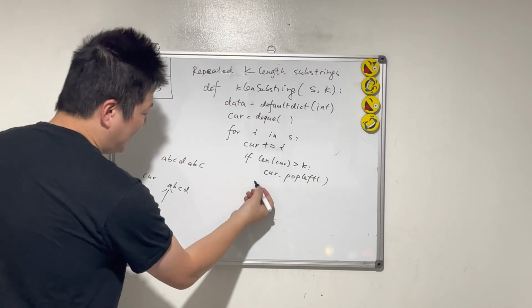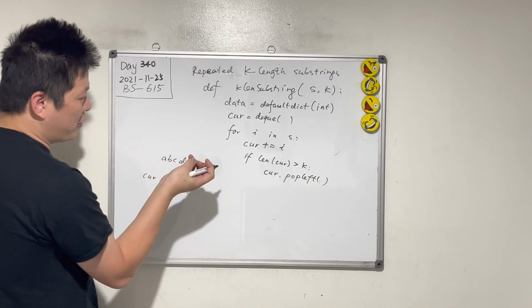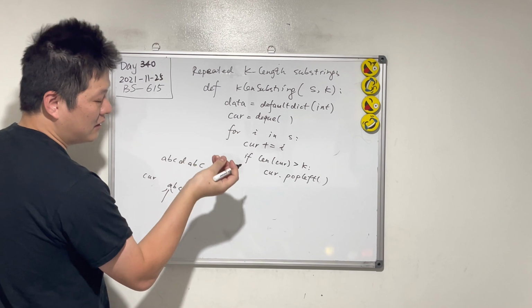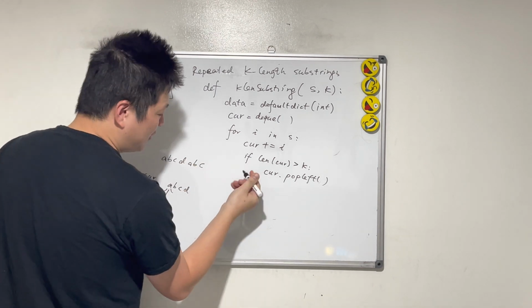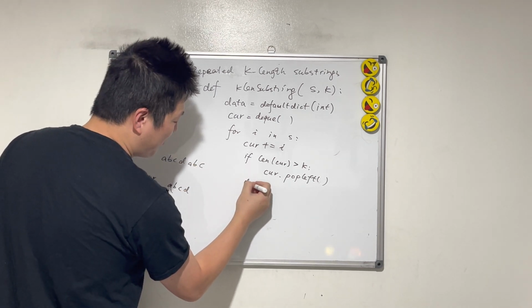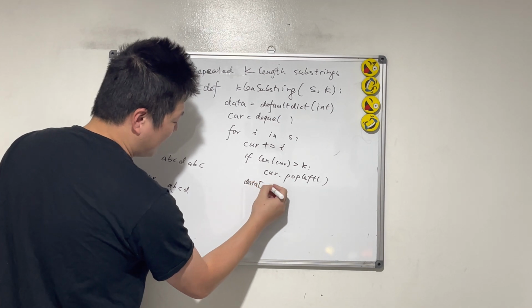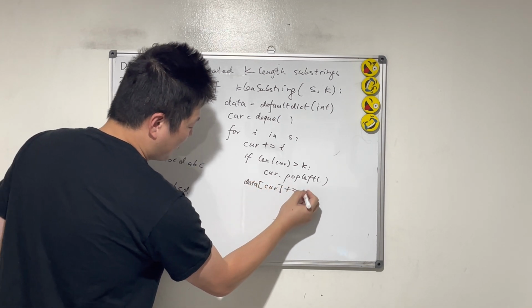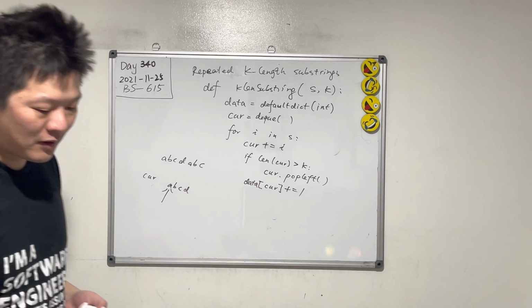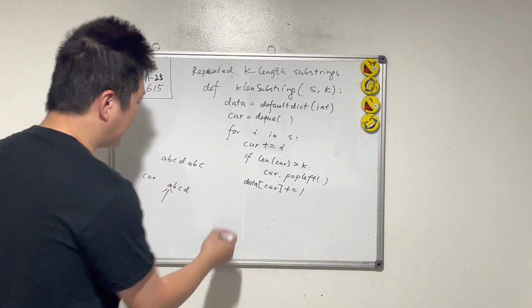Now the current is a string of length k, and we need to remember the number of times it appears: data[current] plus equals 1. Then what should we do after that?